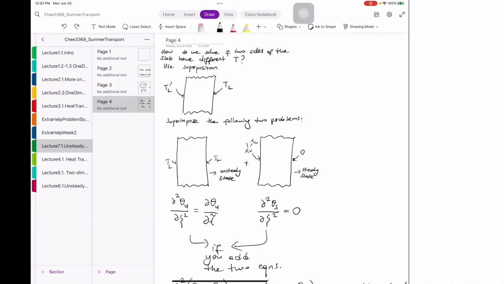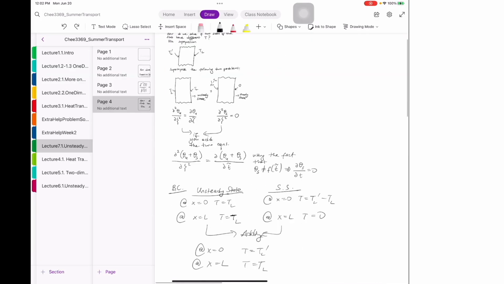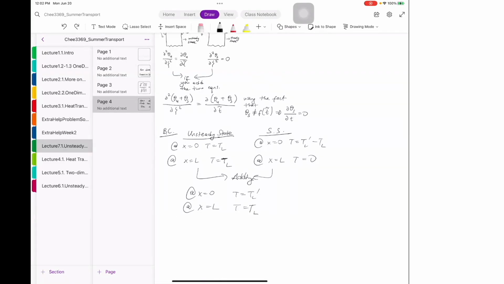Okay, so we're done. Any questions so far? Can you scroll down just to the final bit, just for a second? Sure. We add the two boundary conditions just to see whether they give us the correct original boundary conditions.